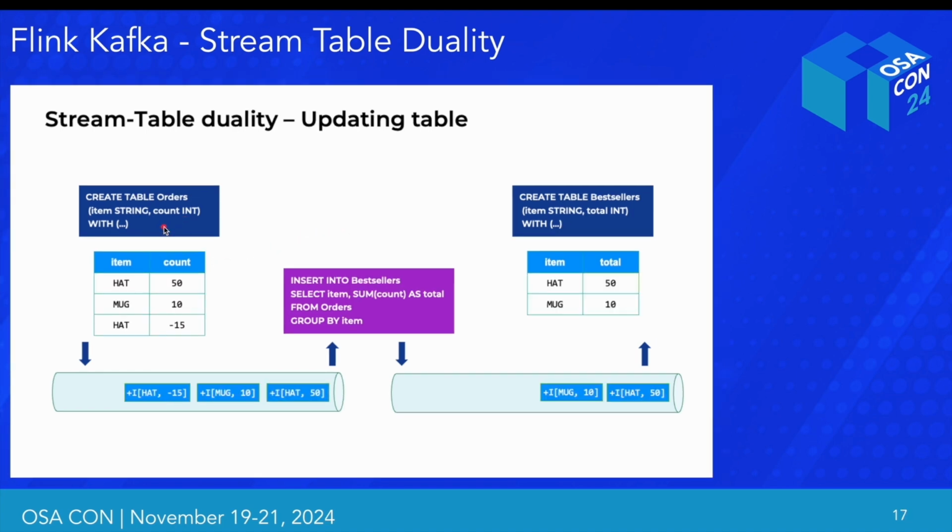Continuing on stream table duality, for the update use case, the resulting Flink dynamic table upserts the row for the specific key. So unlike the append use case, where rows would have been appended endlessly, this time bestseller upserts the count for a given key.